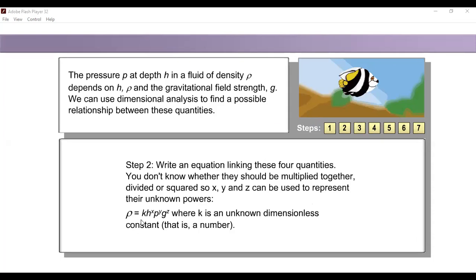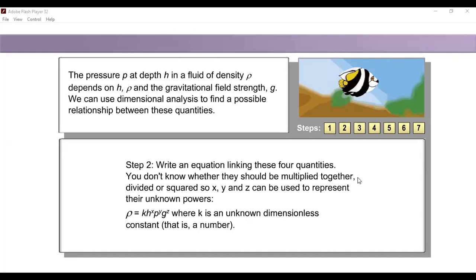That means P is equal to a constant times h to the power x, rho to the power y, g to the power z. If the power is equal to 0, that means none, but they said the relationship must have 1 or more.